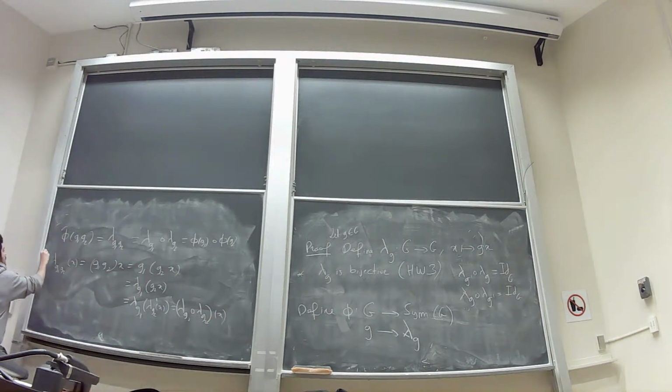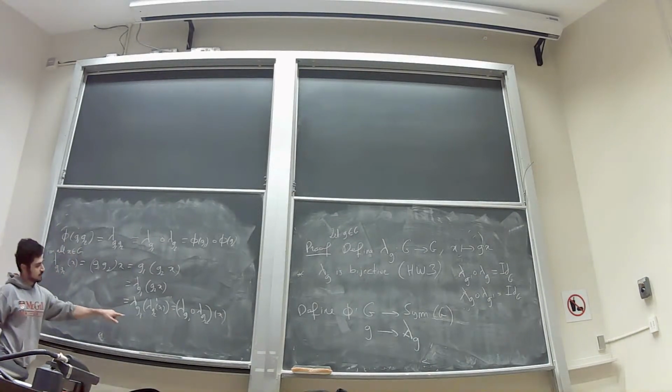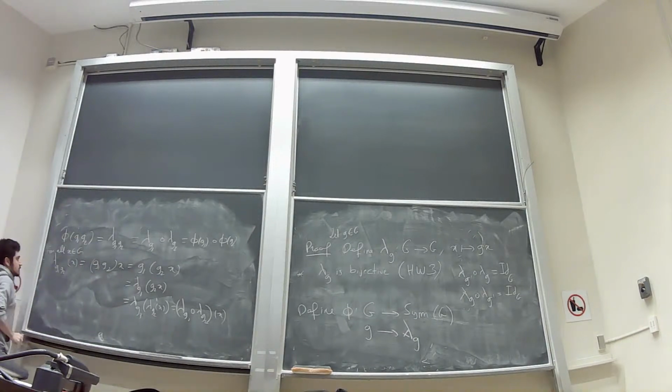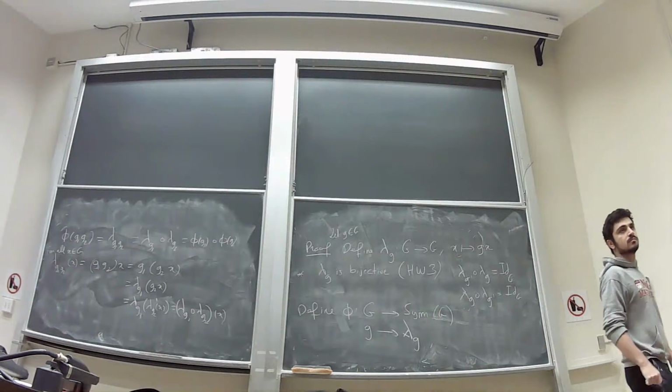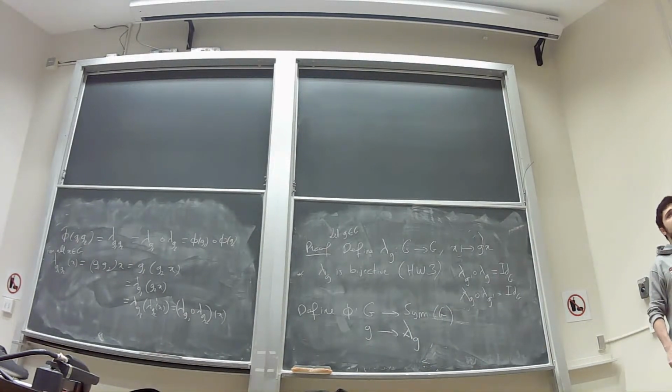So for all x in G, this is true. So this is a group homomorphism. Is it clear? Any questions on that?